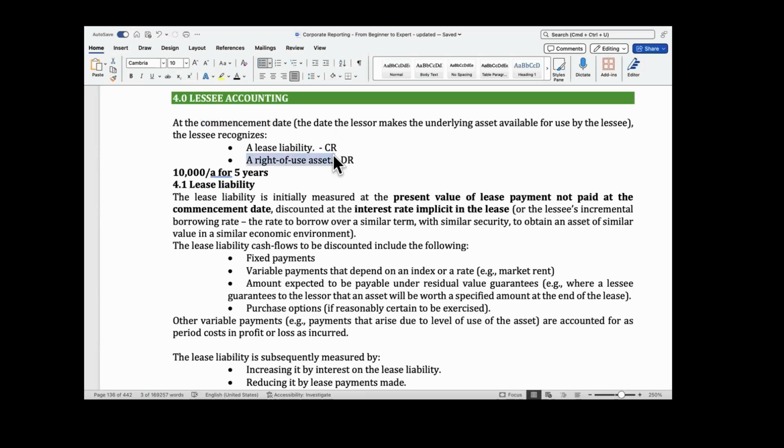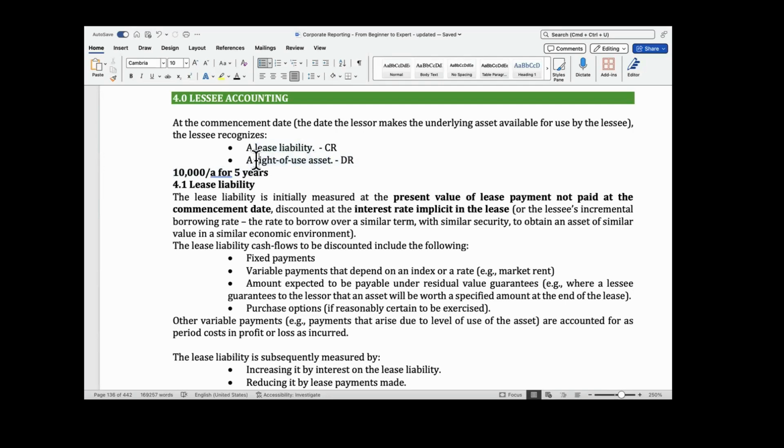So liability credits, right of use debits. It's just like we have a contract where you are paying 10,000 naira per annum for 5 years. That is usually the way leases look like. And we are saying right from day one, you should recognize a liability and a right of use asset.